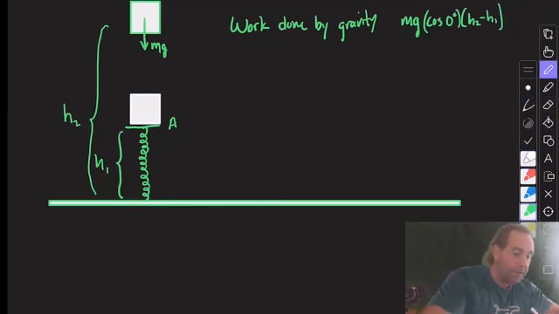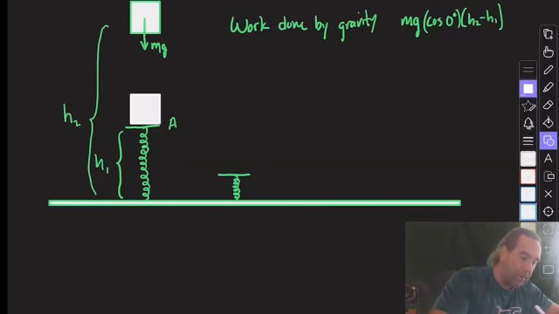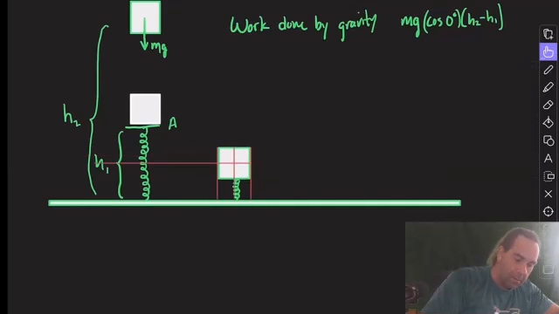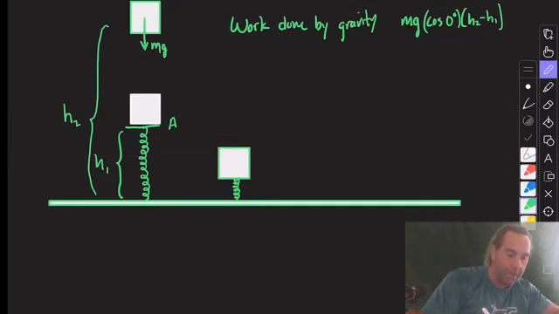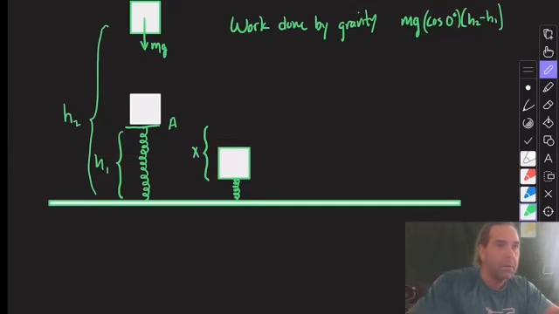Meaning the box, if allowed to pass point A, is going to apply a force to the spring that's going to have the result of compressing the spring, say, some distance x. Can you come up with an expression for how far the spring is compressed? Give it a shot. Take a few seconds, see if you can.